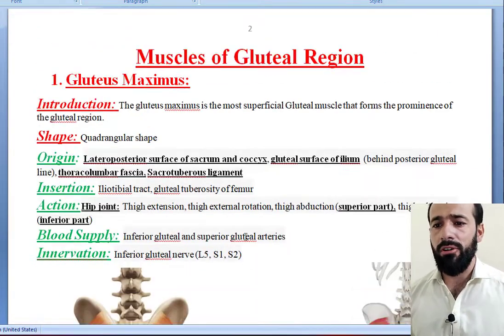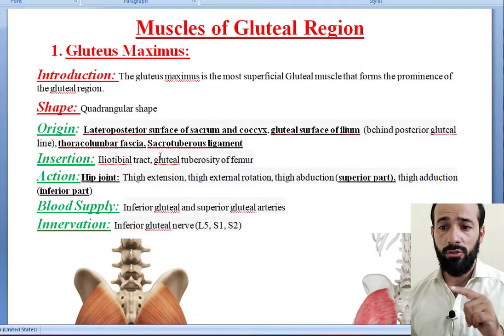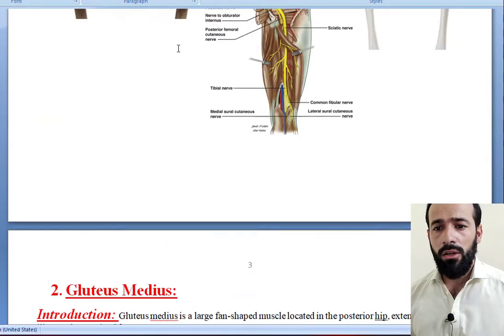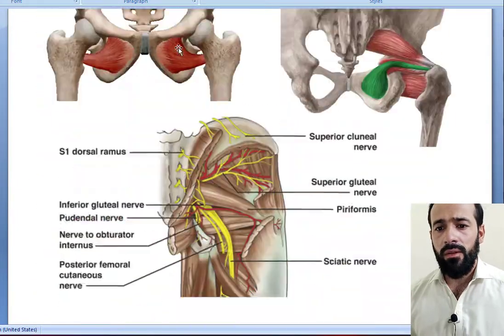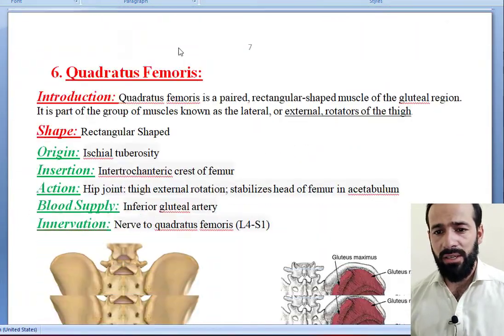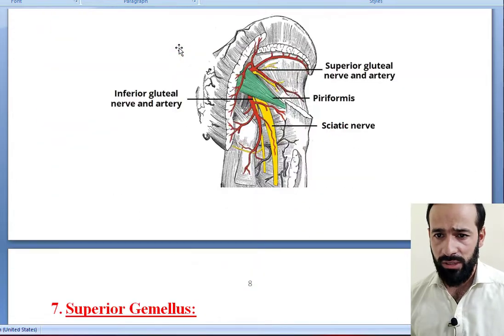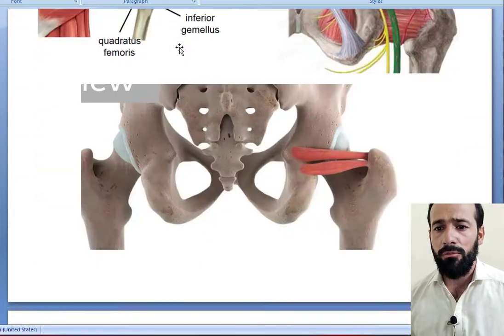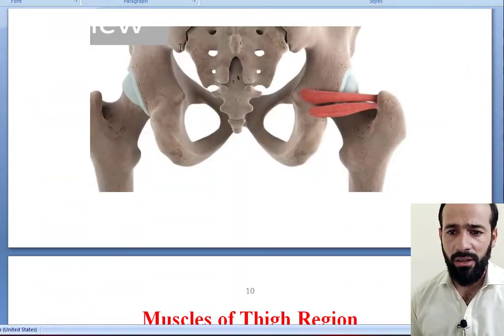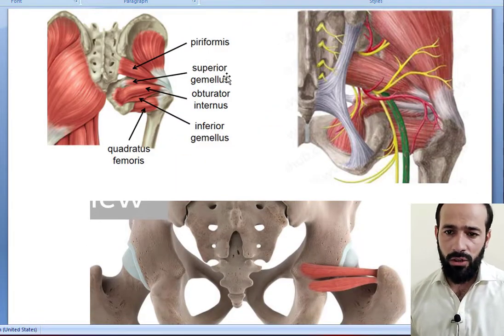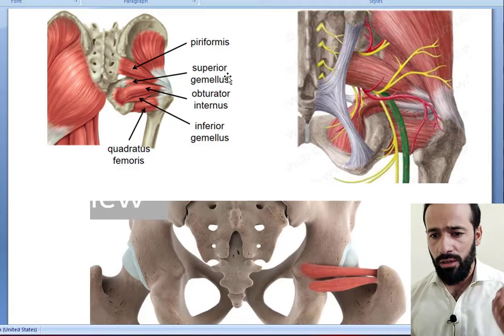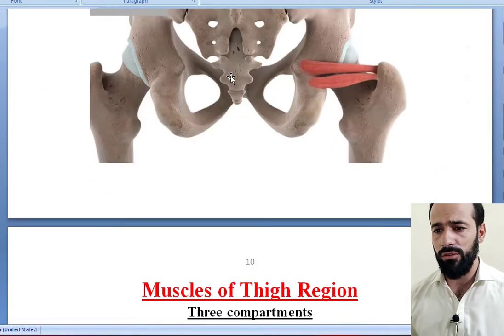In our previous lectures, we discussed the muscles of the gluteal region: gluteus maximus, gluteus medius, gluteus minimus, obturator internus, piriformis, quadratus femoris, superior gemellus, and inferior gemellus. These were the muscles of your gluteal region. I hope you have watched those lectures and learned something from them.